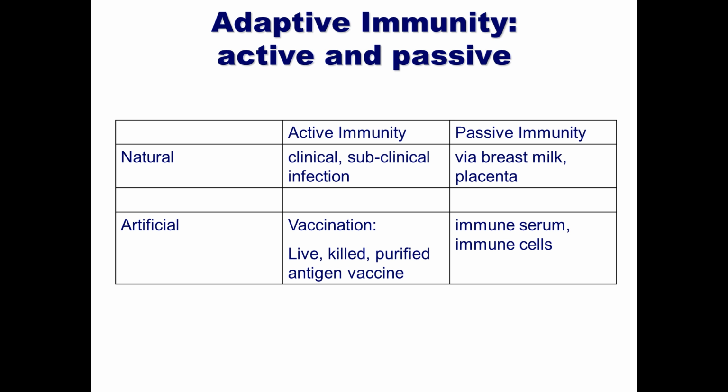The types of vaccine are live, killed, and purified antigen vaccine. And in passive immunity, artificial immunity is provided by immune serum and immune cells. These are the types.